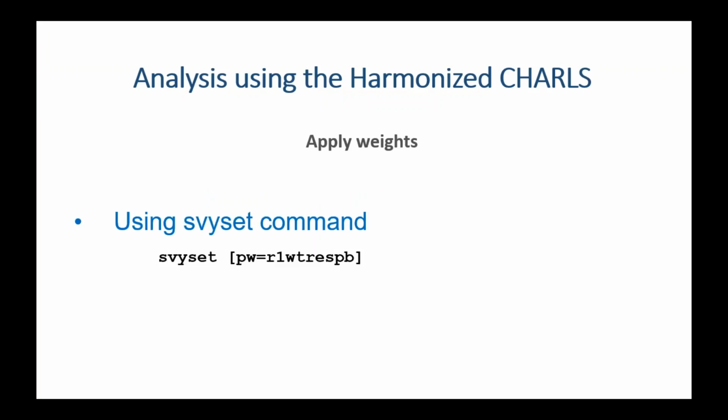So in our next step, we're going to apply our analysis weights. Stata is really great for using survey data, and particularly survey data which has complex sampling. It's because they have this built-in set of commands which are initialized with this svyset command.